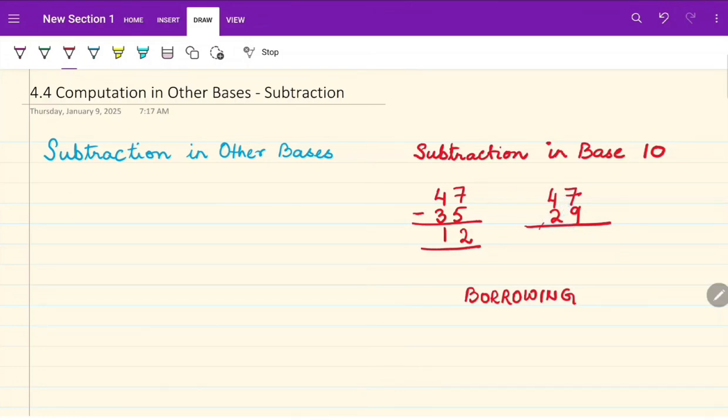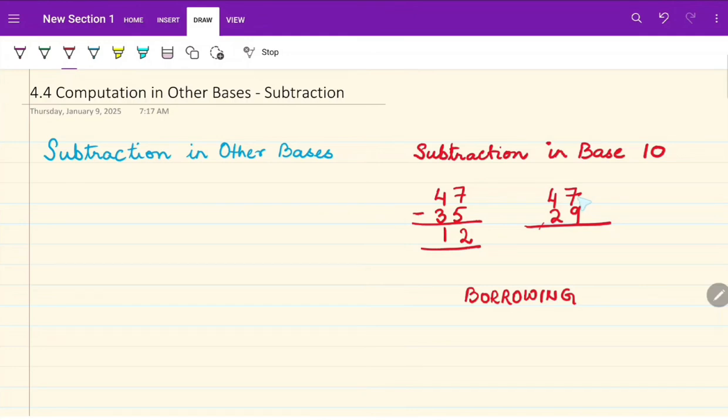Remember, when we were discussing addition, we were carrying over bundles of tens from the right to the left columns. In subtraction, we borrow from the left to the right. And what do we borrow?